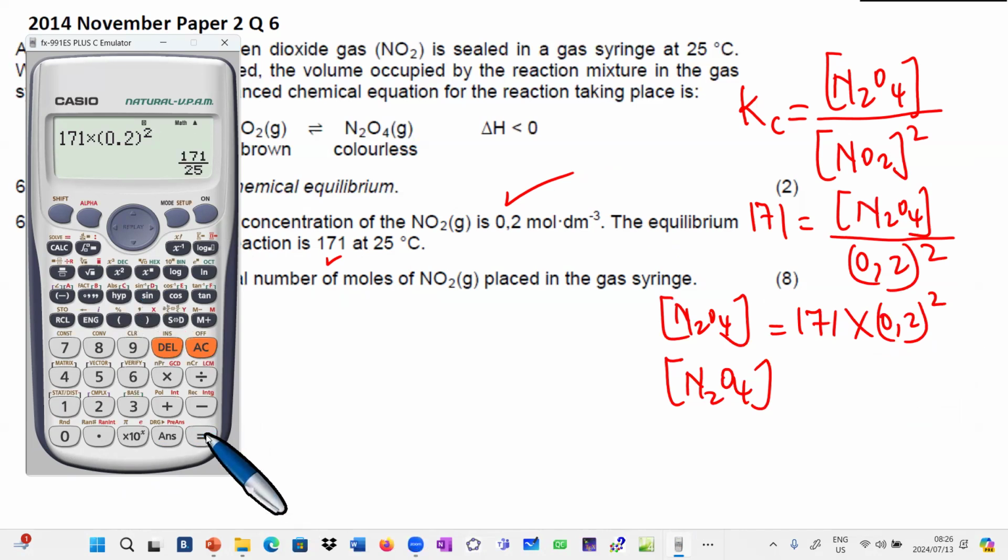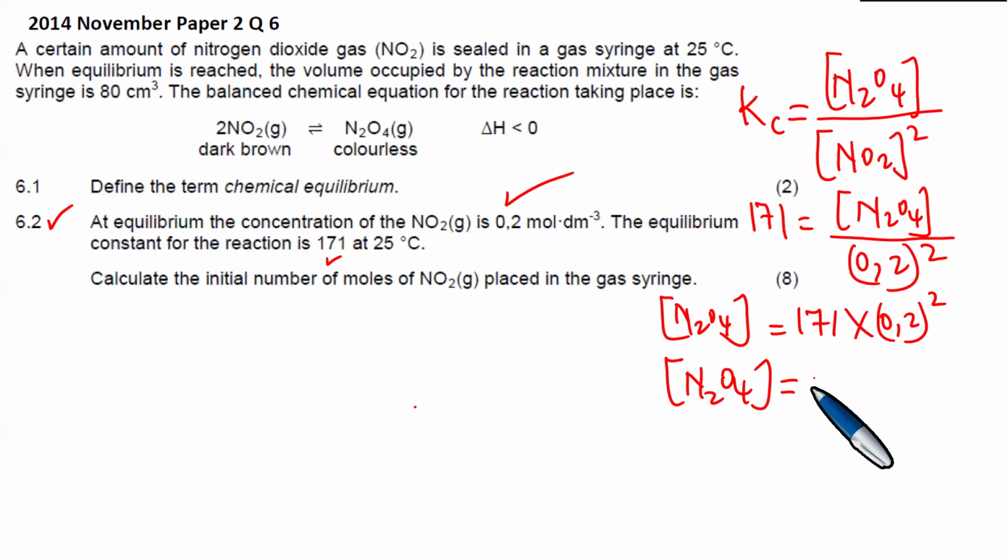And we have the result as a decimal, which is exactly 6.84. Concentration is measured in moles per decimeter cubed, so this is 6.84 moles per decimeter cubed, and this is the concentration of N2O4.